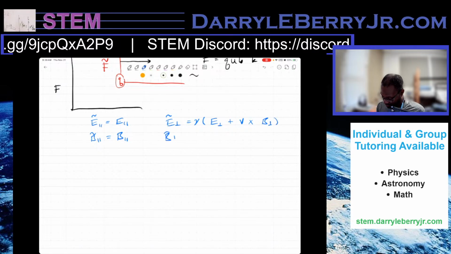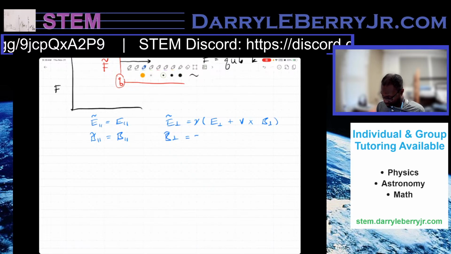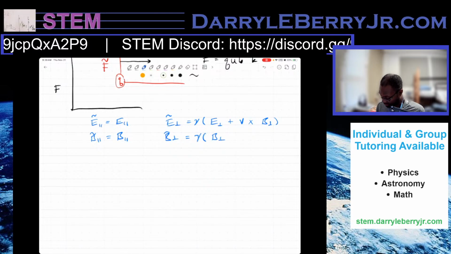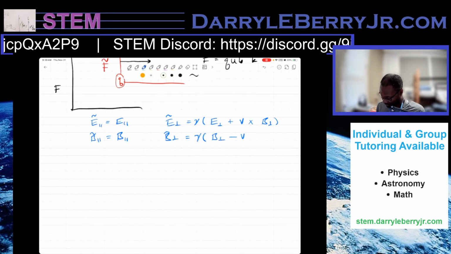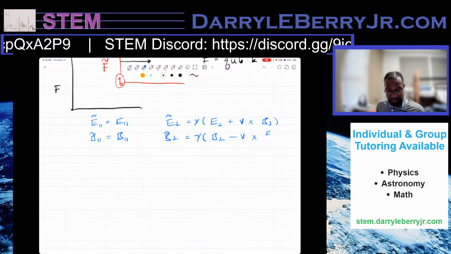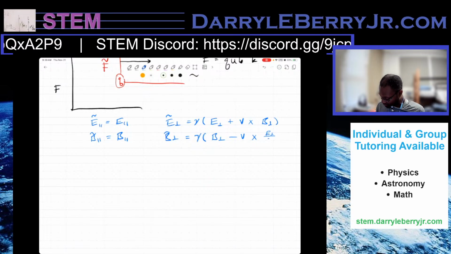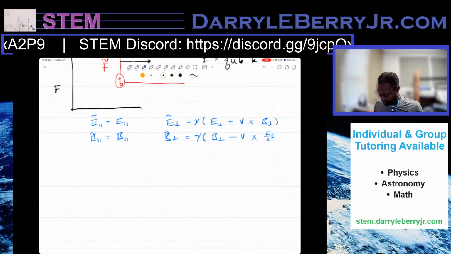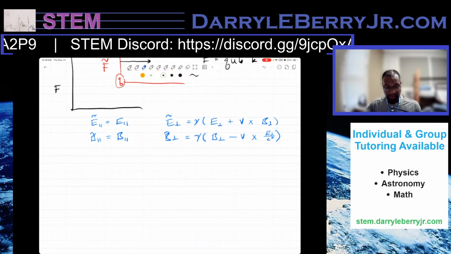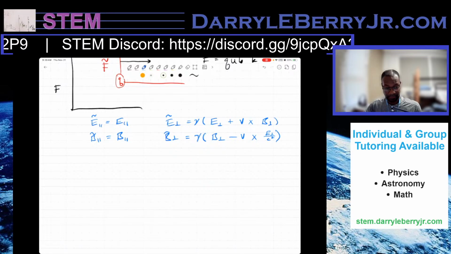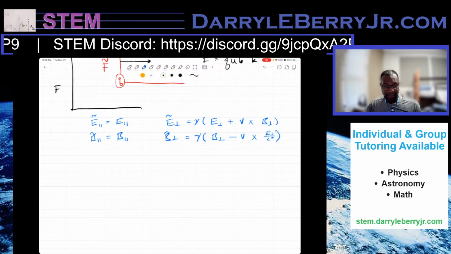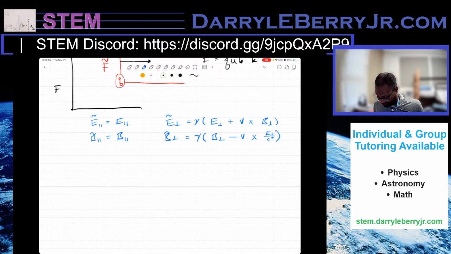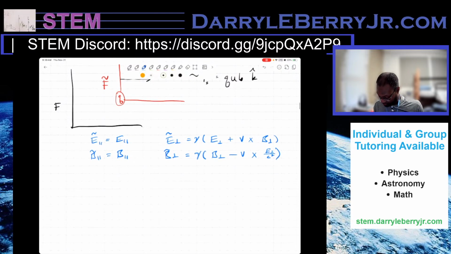And B boosted perpendicular equals gamma times B perpendicular minus V cross E perpendicular over C squared, right? So that's that. I'm sure these equations are given normally. We want to find E and B in the boosted frame.